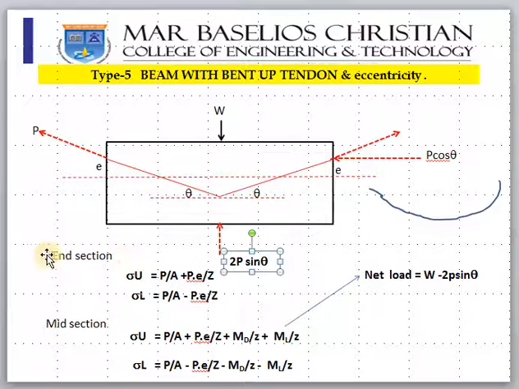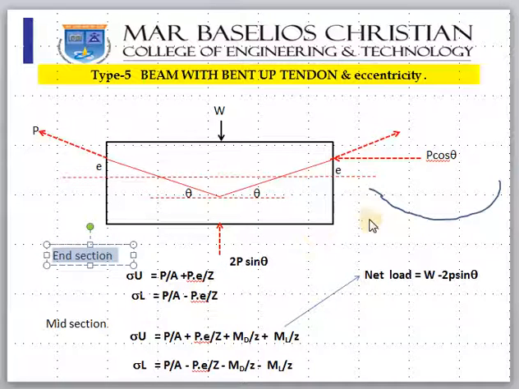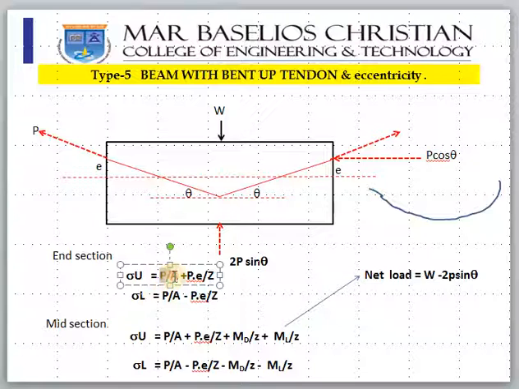So consider two cases. One is at the end section. At this section, the bending moment due to WL square by 8, or WL by 4, will be 0. So at the end section you will have only these two things, P by A and PE by Z. Whereas at the mid section you will have P by A plus PE by Z as usual, plus MD by Z and plus ML by Z, because the dead load will bend the beam like this, and the live load also will bend the beam like this, top compression, bottom tension.